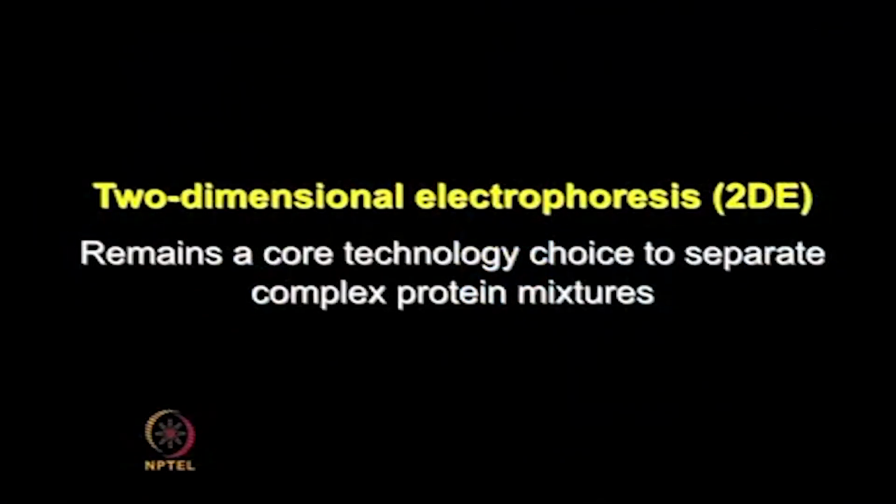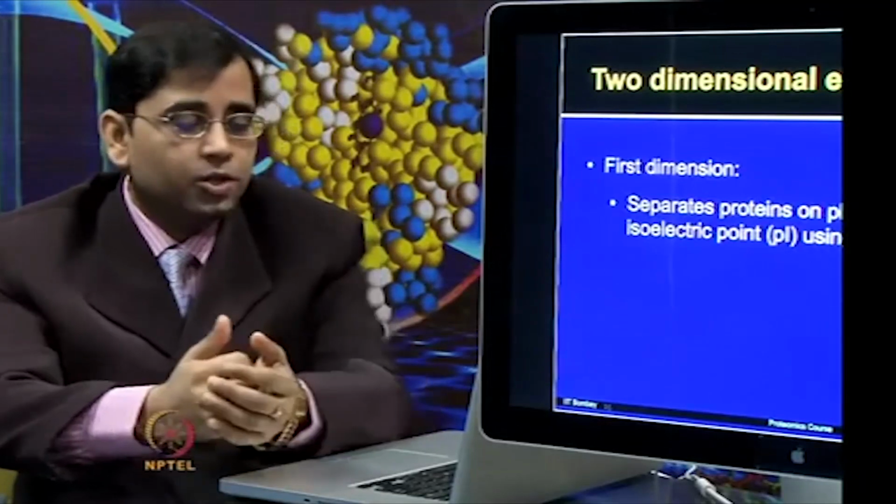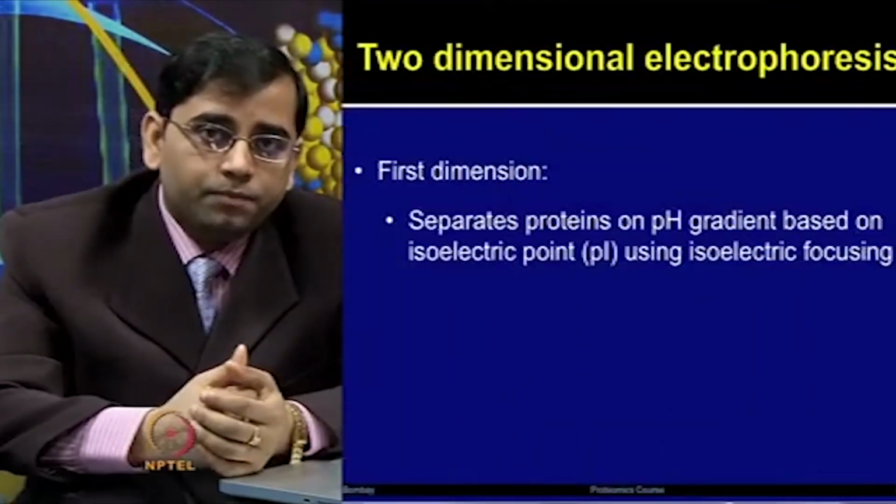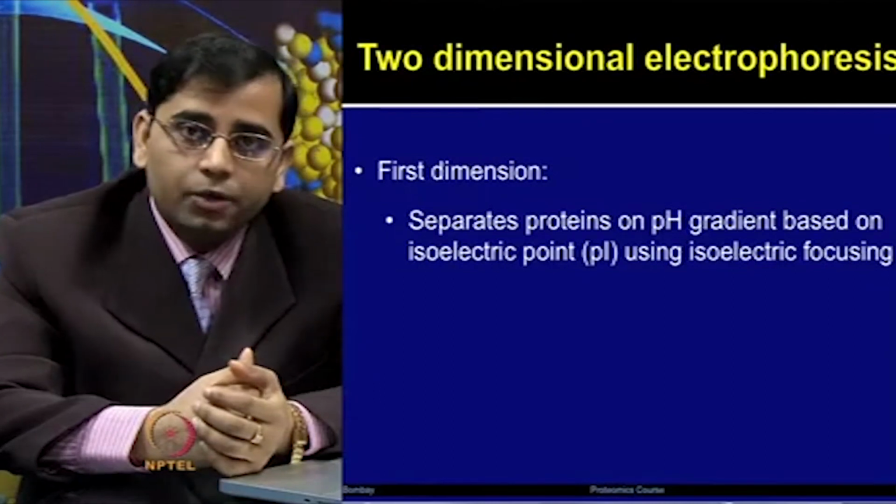So, in this discussion, I am trying to convey that from 1975 till date, 2D electrophoresis has seen a lot of criticism and appreciation of the technology, but still till date it remains one of the core technologies to separate very complex protein mixtures, and thousands of publications provide very good evidence for this technology being widely used.